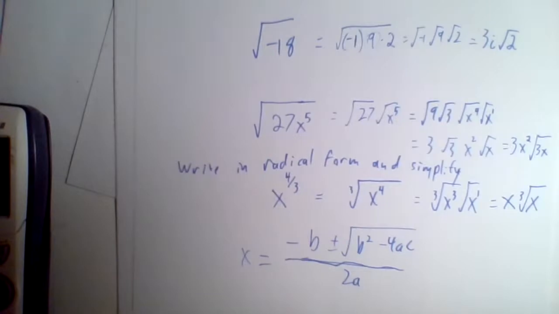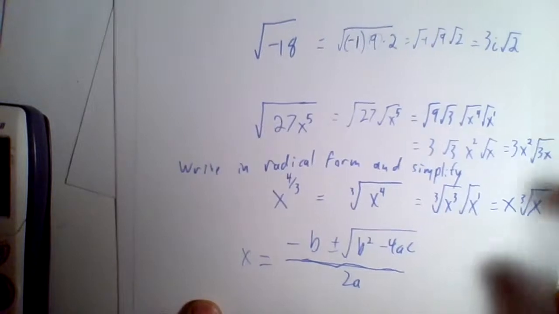Equations involving this is probably the next place to go. Solving equations that have radicals in them. I saw on the labs and stuff recently, a lot of these kind of equations. But let me start with something like this.